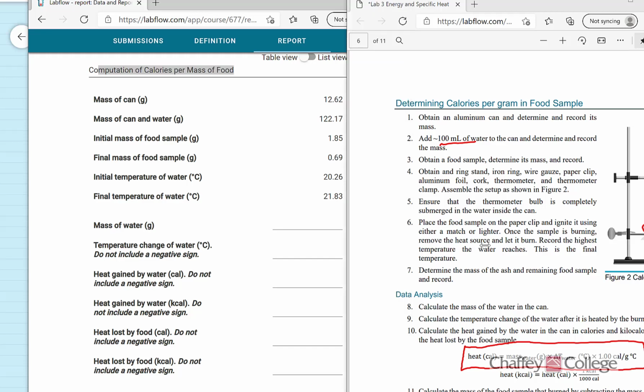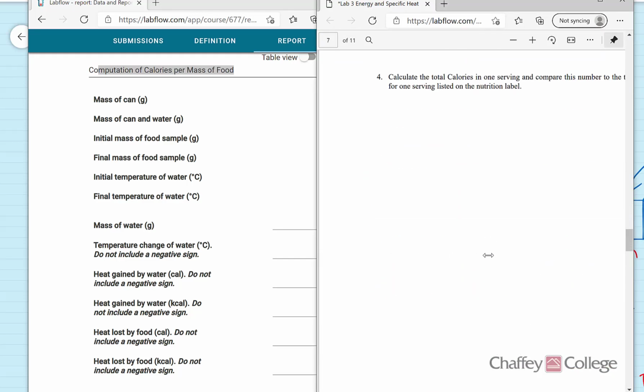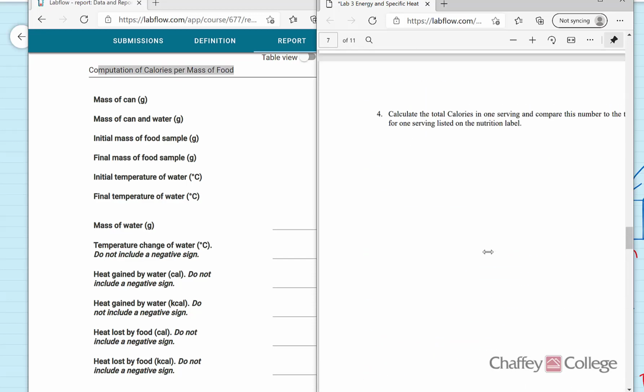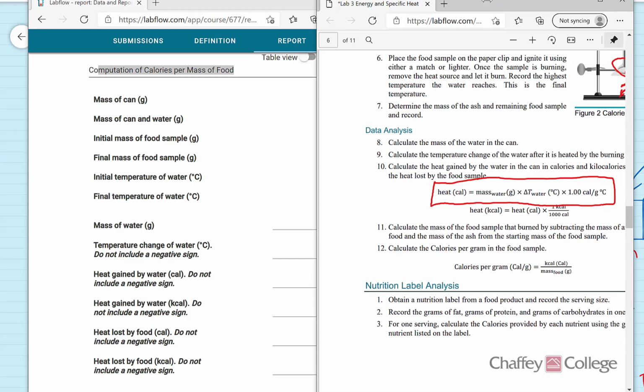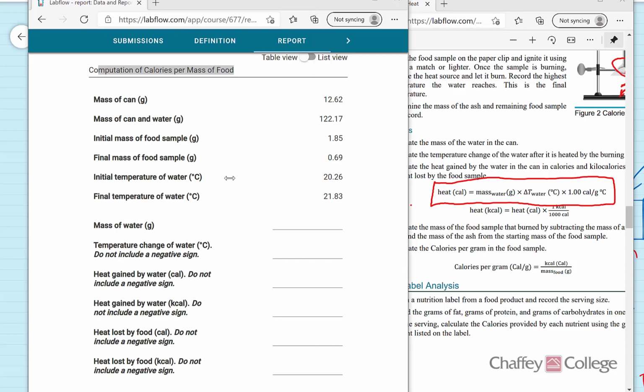We can open the calculation in the PDF file. Here, first is the mass of water. The mass of water can be calculated using the first two rows here. The mass of can plus water is 122.17 and the can alone is 12.62. So we can calculate the mass of water by subtracting.